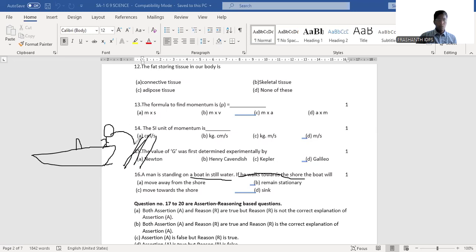If the man moves forward, then what about the boat? It moves backward. Why? According to Newton's third law. If the man moves towards the shore, then the boat moves away from the shore. So the option is A.